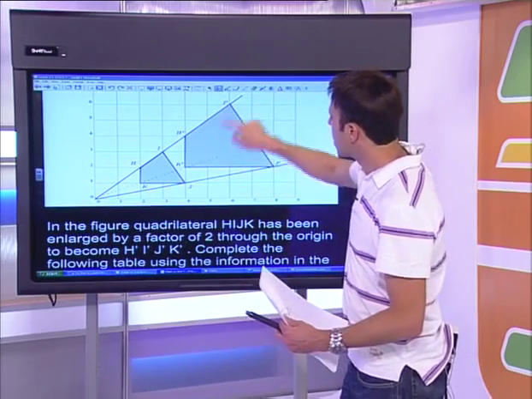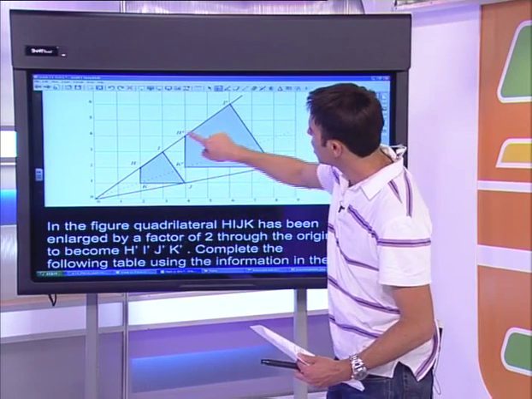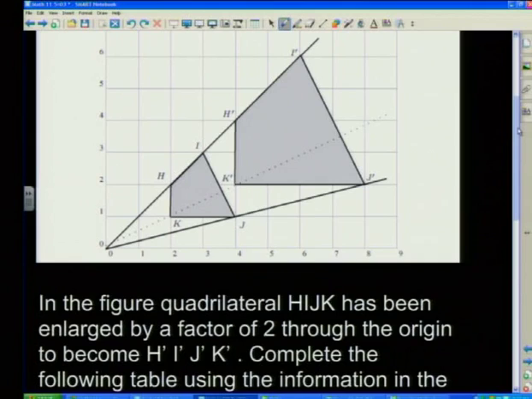Okay, so that length there, from the corner to the corner, is just going across one cell, and over here it's going across 2 cells, so it's exactly double the length. And any one of these lines, if you take the corresponding line in the transformed object, you'll see that the length is exactly double the original length, and that is because the scale factor was 2.